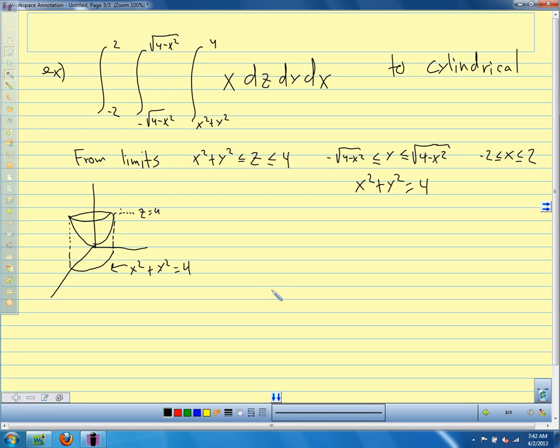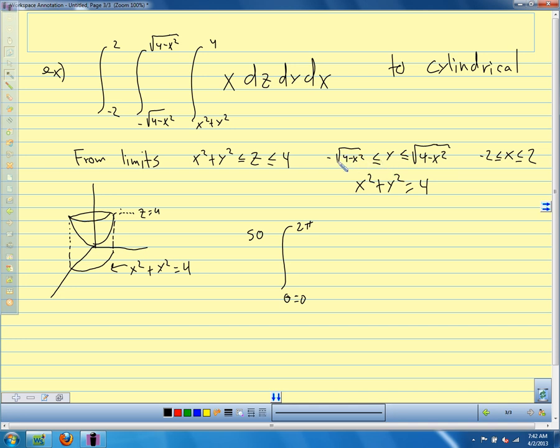So now we can set up our integral in cylindrical coordinates. So theta is going to vary from 0 to 2 pi. And it can be helpful with these. I'm going to say theta equals 0 to 2 pi. 0 to 2 pi or 0 to pi?